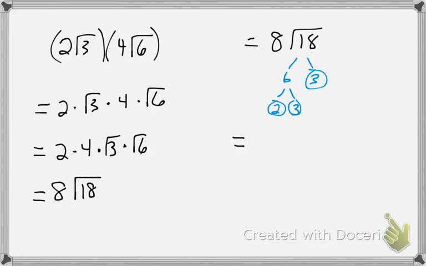A 3, which leaves me with 24 square root of 2. You guys agree? I have a 3 squared, so I bring the 3 out. There's already an 8 there, so that makes 24. And then I have a lone 2. It's not part of a pair, so it stays underneath.